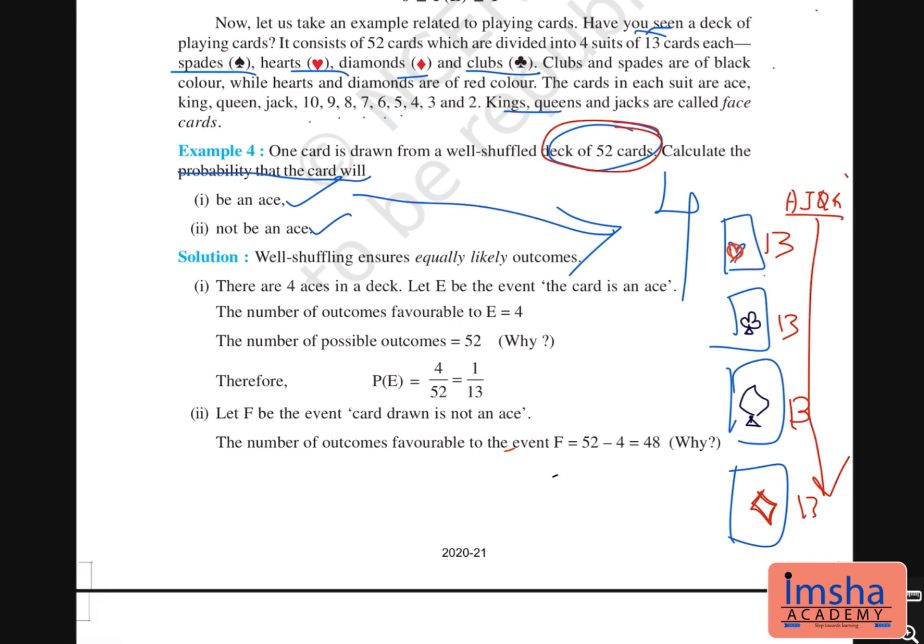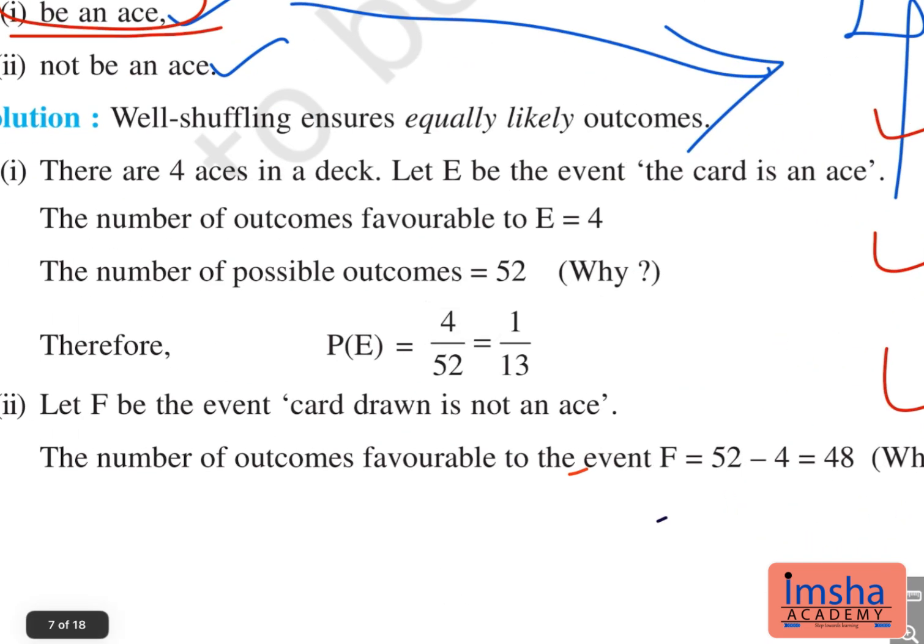So out of 52 cards, how many possibilities are there that we will get an ace? 4 possibilities, because 4 cards are there. So 4 by 52. 4 ones are 4, 1 is remaining. 4 thirteens are 52. So 1 by 13.